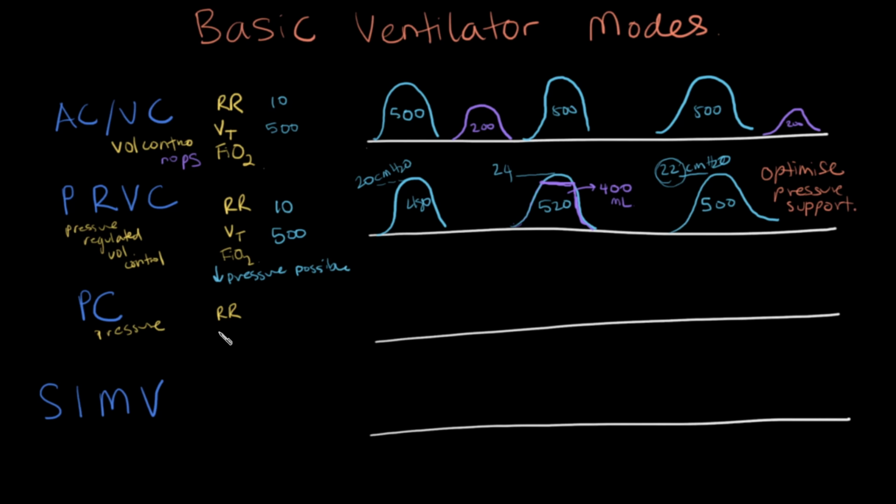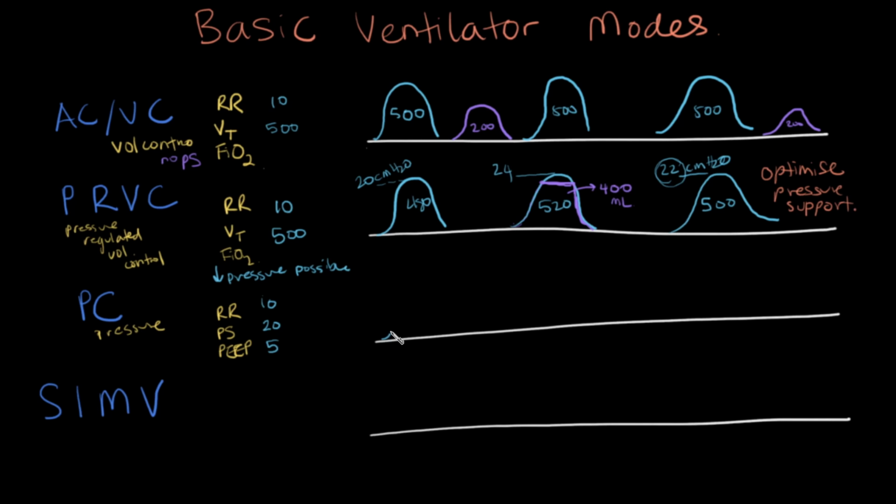Then we're going to be setting the pressure support, or the inspiratory pressure, and also the PEEP, which is this base, which remember is that baseline pressure that is always happening. So in this scenario, let's just call the respiratory rate again of 10. We might give a pressure support of 20 and PEEP might be 5. And so the ventilator is going to deliver a breath, and the baseline here will be 5.